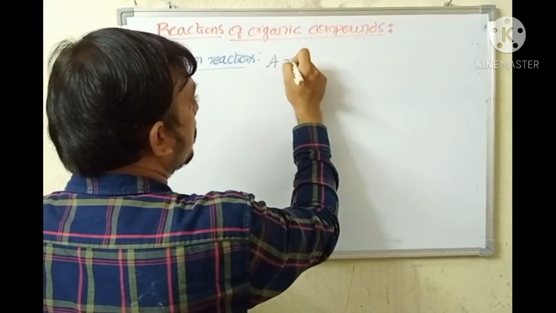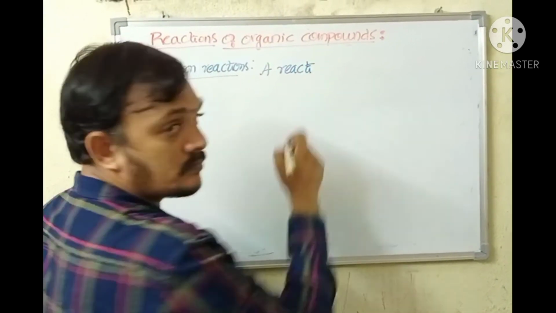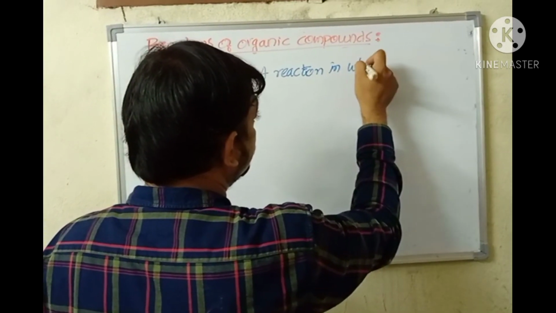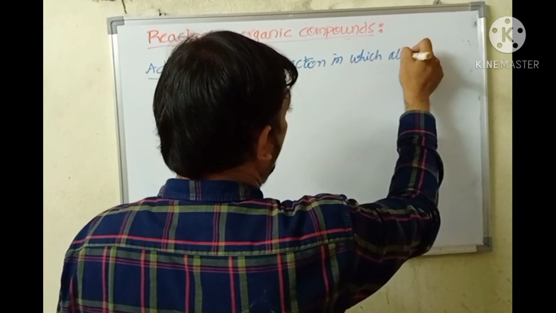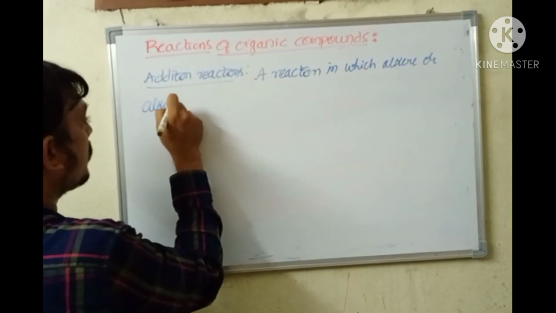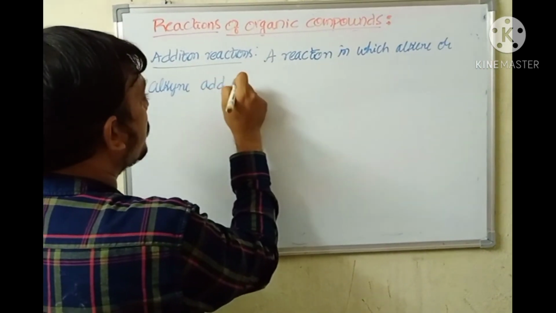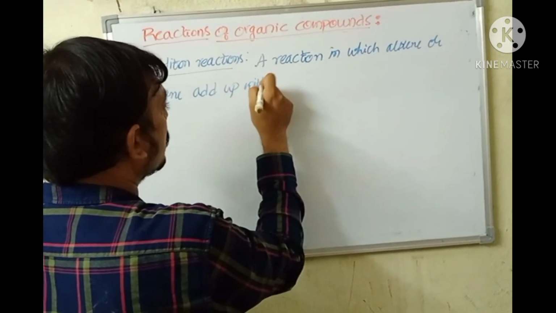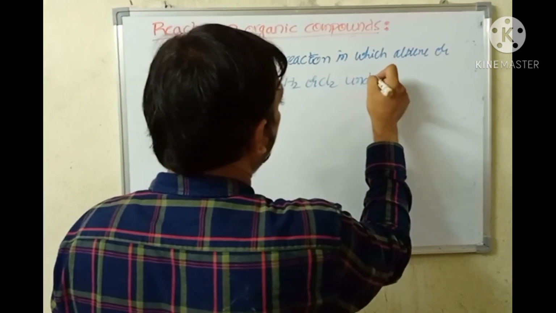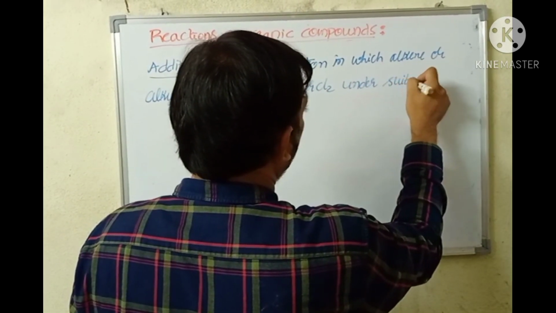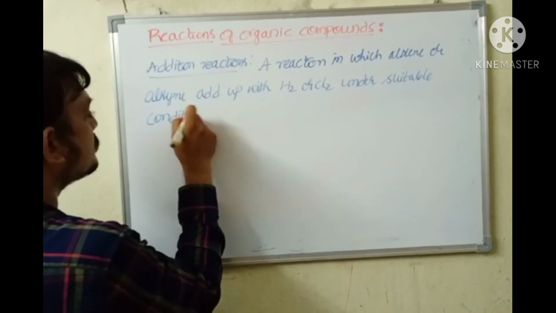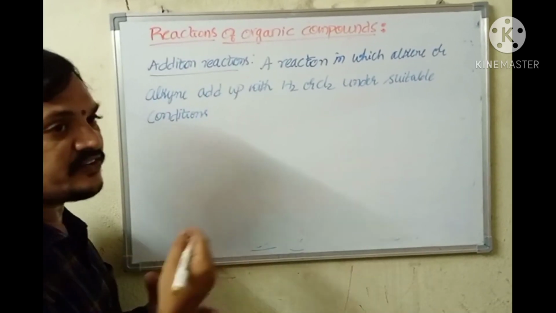A reaction in which an alkene or alkyne adds up with hydrogen or chlorine under suitable conditions is called an addition reaction.